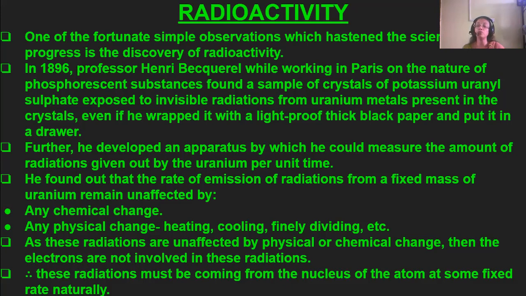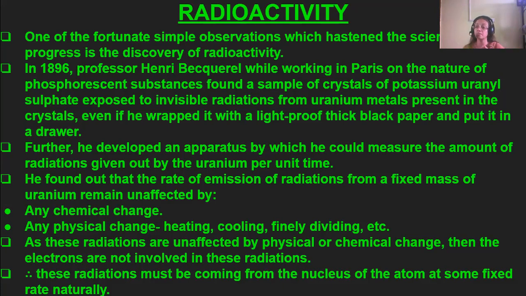When he measured how much radiation was coming out per unit time, he found that it remained unaffected by any chemical change or any physical change taking place, whether heating it, cooling it, finely dividing it, etc. Whatever physical change occurs does not affect the radiations, and neither do chemical changes with the uranium metal.